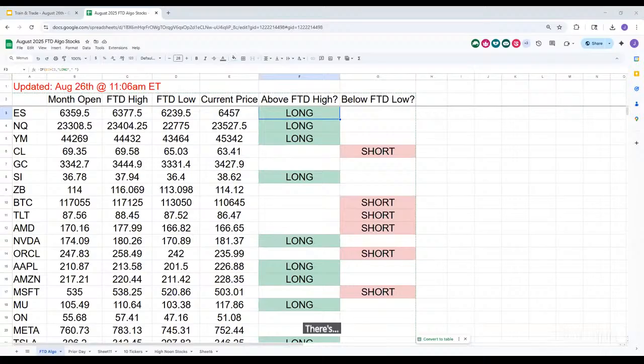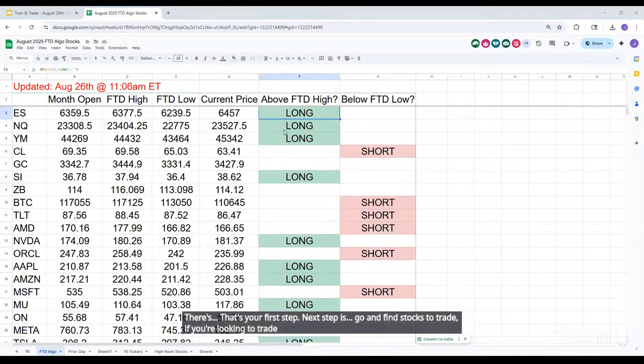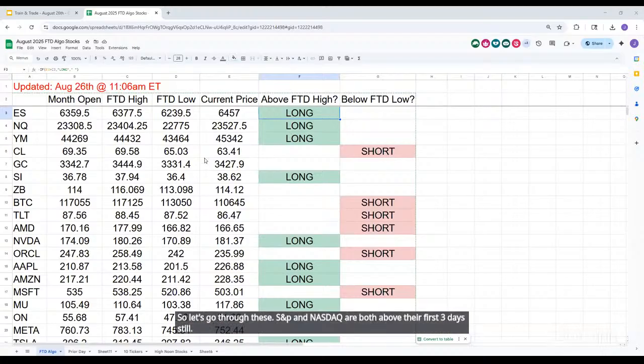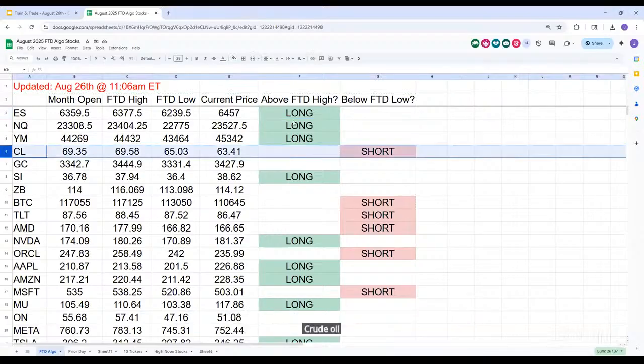That's your first step. Next step is go and find stocks to trade if you're looking to trade stocks. So let's go through these. S&P and NASDAQ are both above their first 3 days still. Crude oil is still short. If you recall yesterday, we pointed out how crude oil for the week was having a little retracement rally.